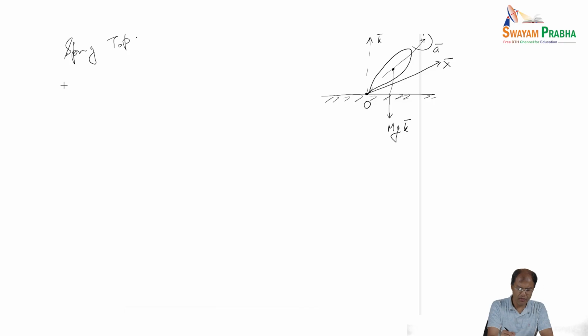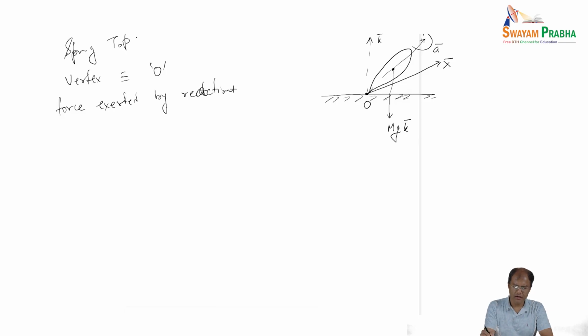A spinning top: the vertex of the top is set up at O, and the force exerted by the surface reaction is X, from the table.